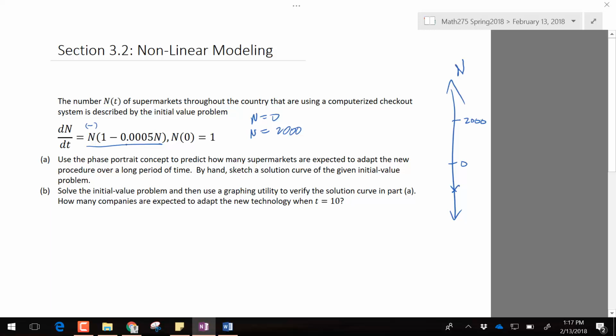So we have a negative times a positive, which is negative, so this is going to be a decreasing slope. That means if you start off below 0, you're going to continue to go down.